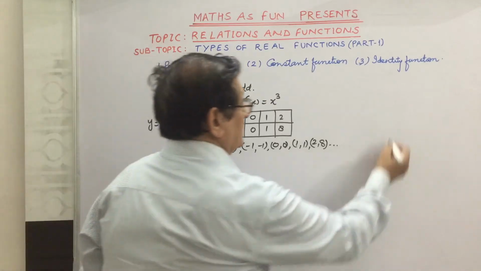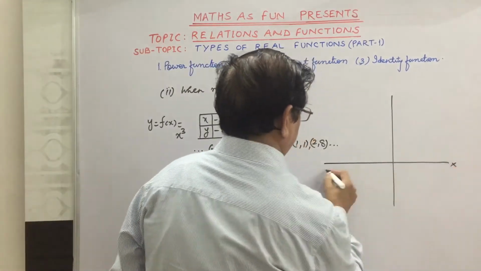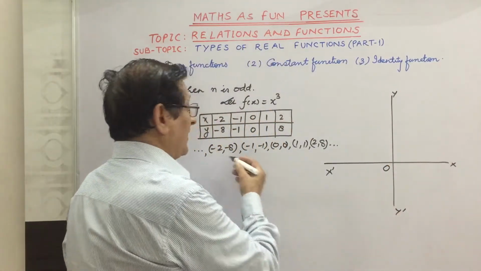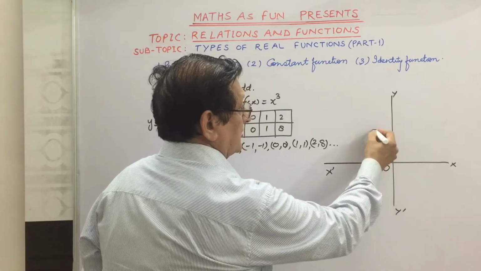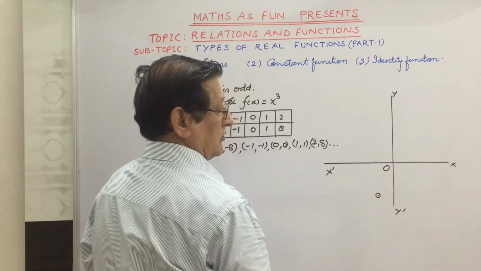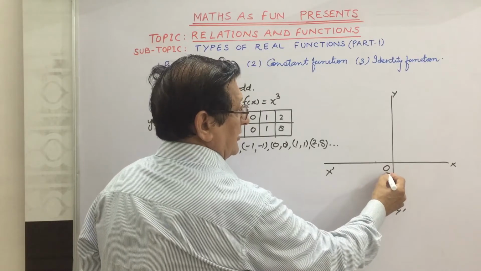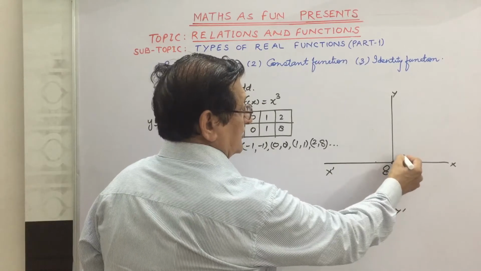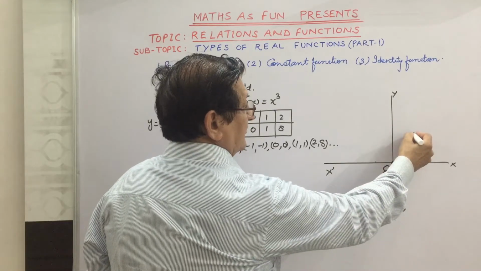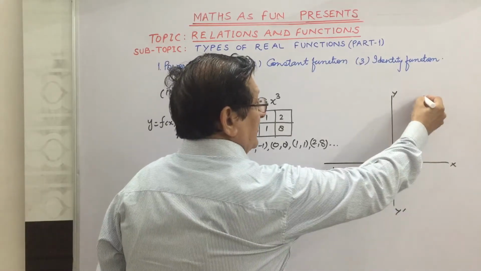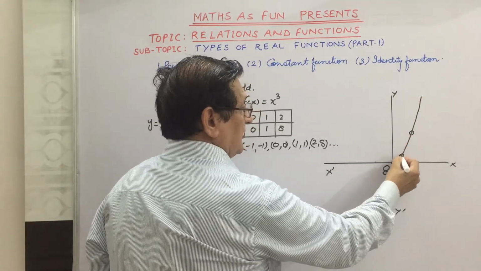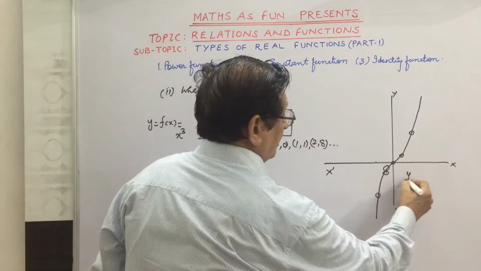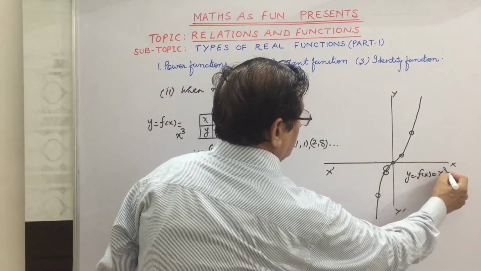If we plot these points on the graph, (-2, -8) goes somewhere here. (-1, -1) is here. (0, 0) is this. (1, 1) is here. And (2, 8) goes somewhere here. When we draw the graph joining these points, the graph comes like this. This is the graph of y = f(x) = x^3.